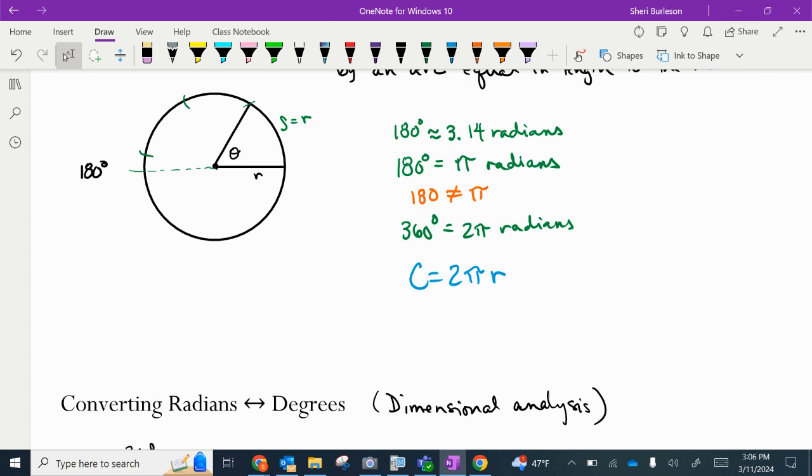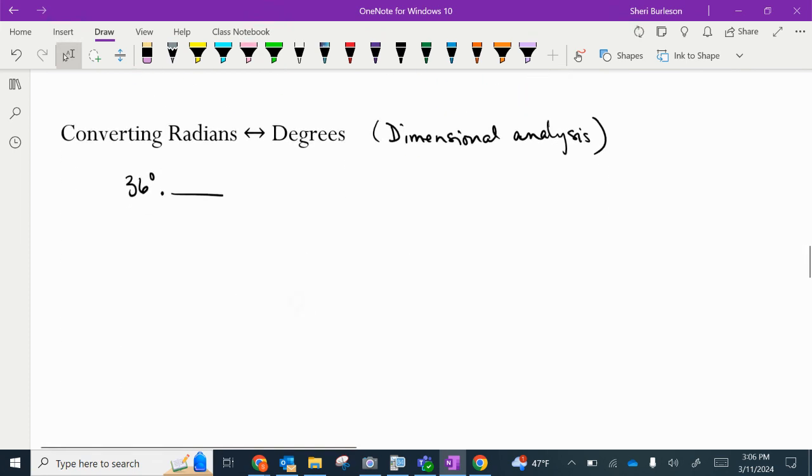Different units of measure, just like 12 inches, 1 foot. So I have degrees. I need to divide out the degrees, correct? So I'm going to divide out the degrees, and then I need to introduce radians. And now I put the numbers where they go: 180 degrees, pi radians.